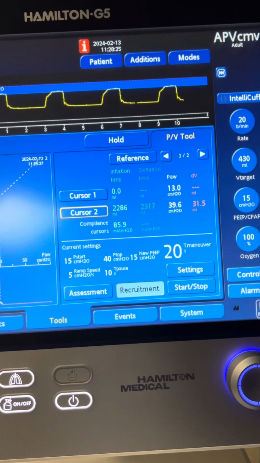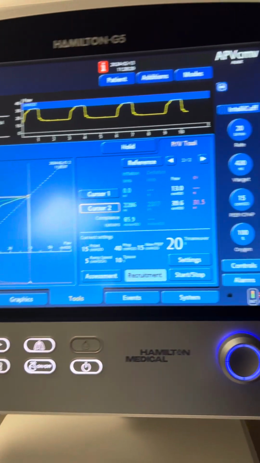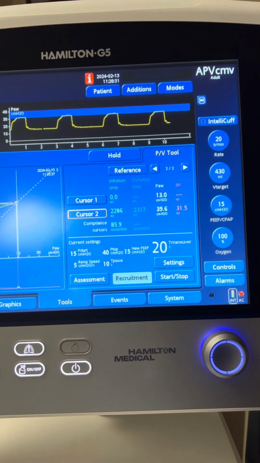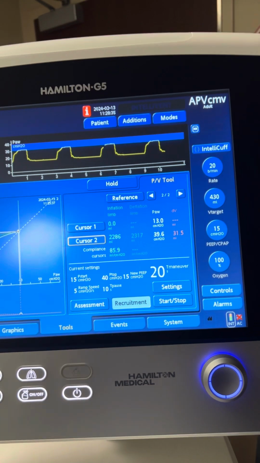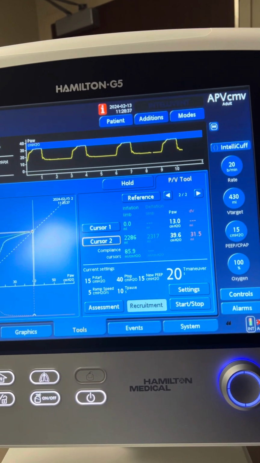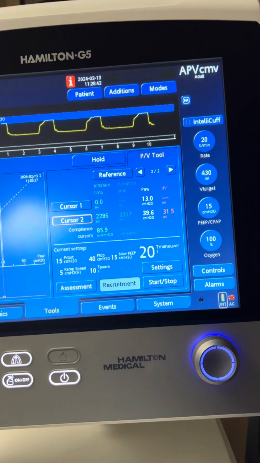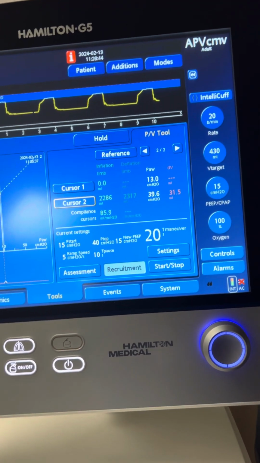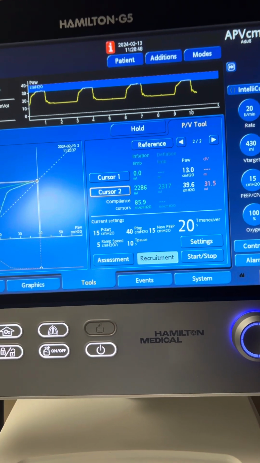From there, you ideally would keep your PEEP setting where it is, wherever it's optimal for your patient, whether that's based on the assessment portion of the recruitment maneuver that you did, or just doing what the protocol suggests at 15, where your patient's most hemodynamically stable, or where their driving pressure is lowest.